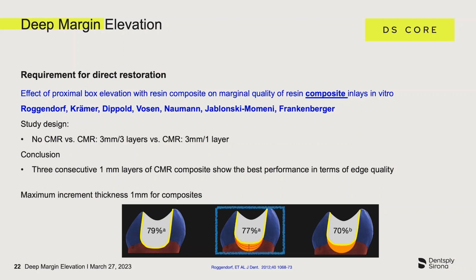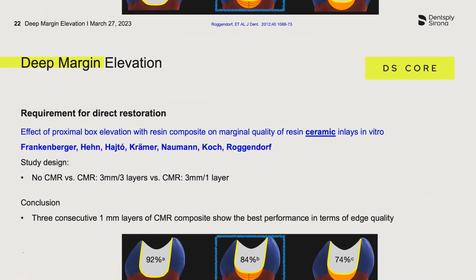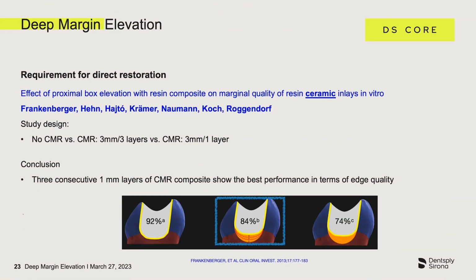Therefore, the practical conclusion can be drawn that the maximum increment thickness for the approximal filling should be 1 millimeter. This study was also carried out in combination with classical ceramic inlays and showed the same result, that the increment thickness should not exceed 1 millimeter.